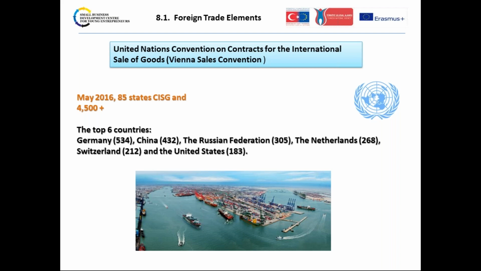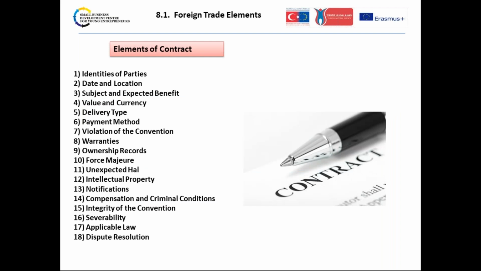So you see, this is a very important issue. And if we check which countries those 4,500 cases come from: 2,534, China 432, Russia, Netherlands, Switzerland, and United States. So there are lots of countries and companies approaching this organization to solve their problems.